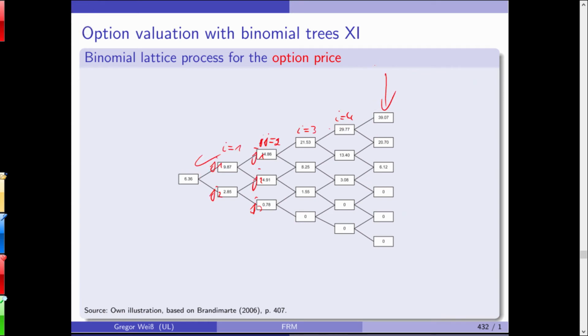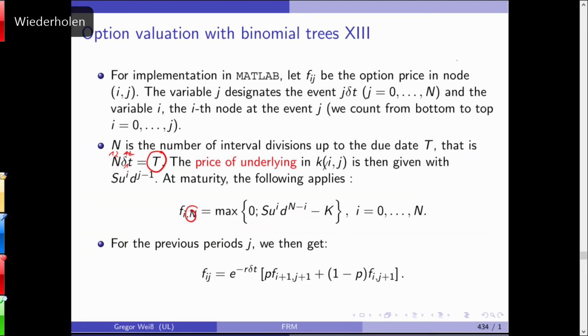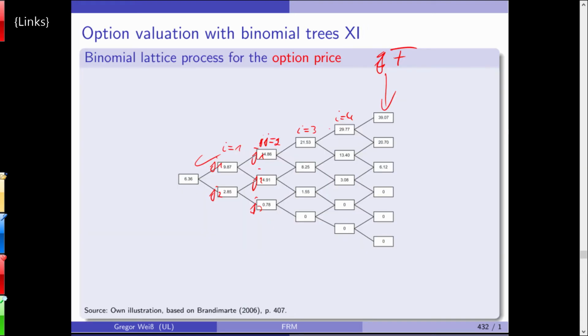This is F. Now F. Let me just check that again. F_i,N. This is F index i, N, because we're in the last column, and this is i equal to 1, i equal to 2, i equal to 3, and so on.